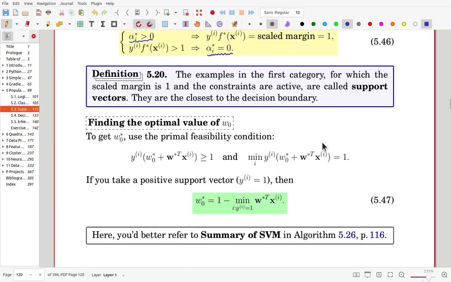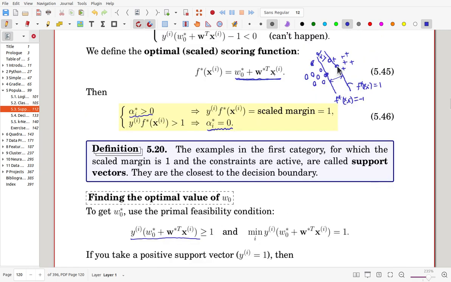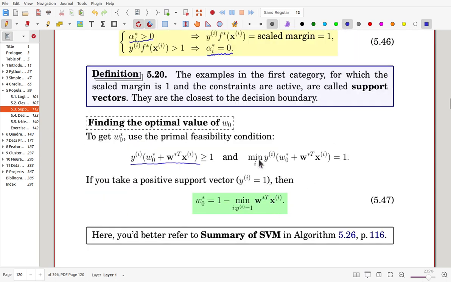Okay, now anyway, we know that once W is decided, then along with yi, this value must be larger than or equal to 1. And if so, eventually there is at least one point on each boundary such that the minimum of this value will be 1.